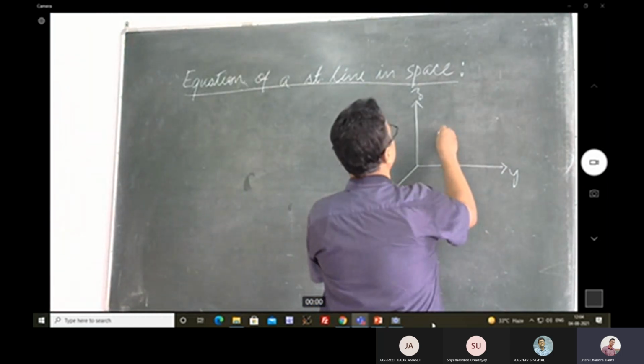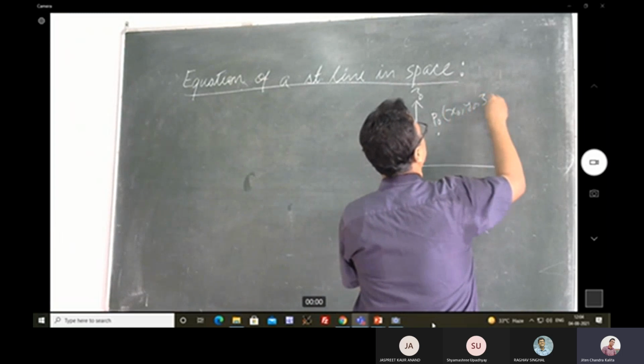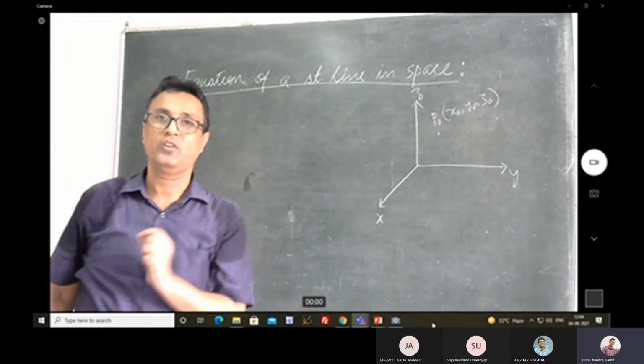Suppose that fixed point is P naught. Its coordinates are given by x naught, y naught, z naught.